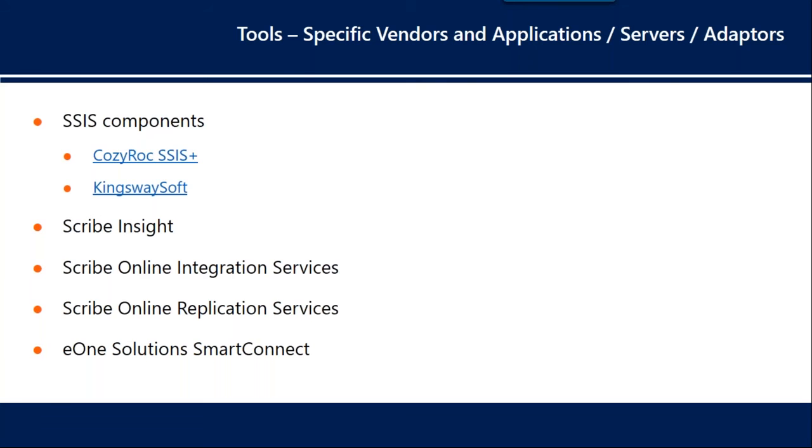Scribe Insight is the on-premise server and console application, which can do the data migration jobs or the DTS, data translation jobs, and then also the integration server, which I think they call the console, where you can set up the publishers, and I'll talk about what a publisher does, and then integration jobs, which can be queue-based, query-based, file-based, or time-based, different integration processors.